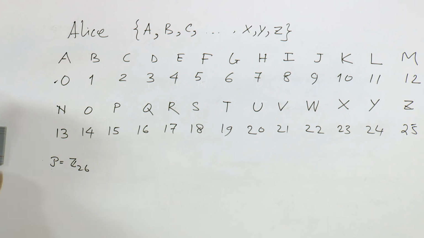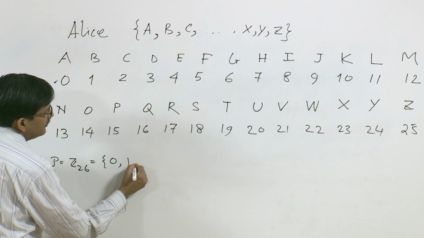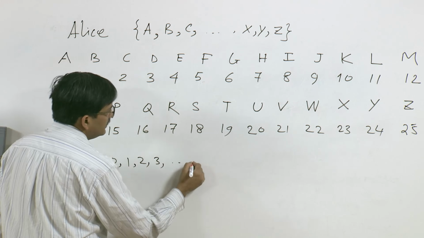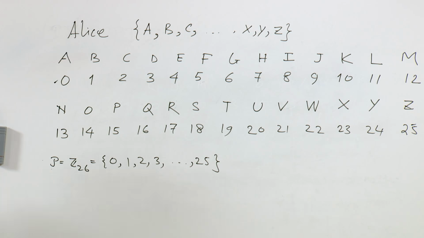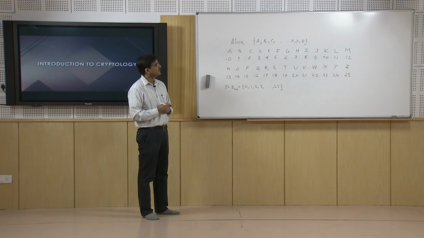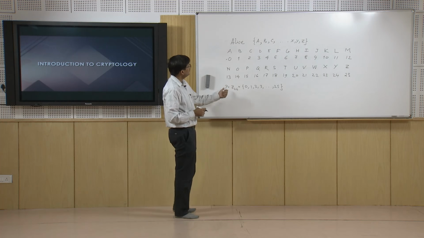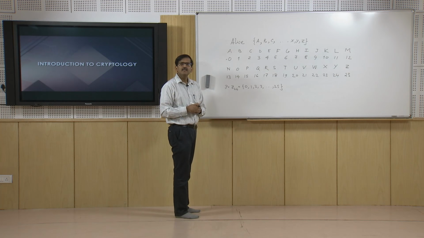We will also in later lectures discuss what is the meaning of Z by 26, but now it is enough if we know that these are numbers from 0 to 25. So, Z by 26 is a set of numbers between 0 to 25, and this is the plain text, and the strategy that Alice takes is to shift each letter by a fixed amount.